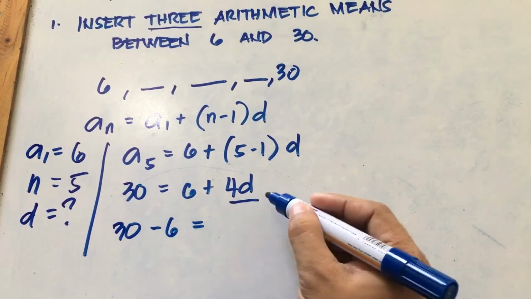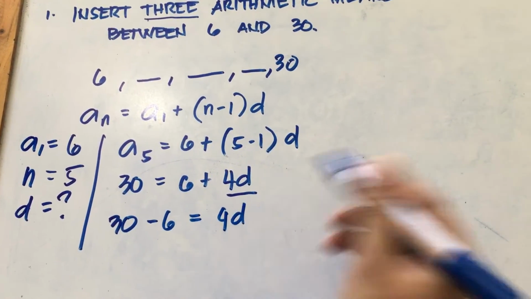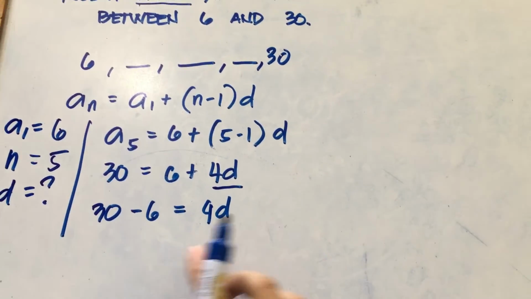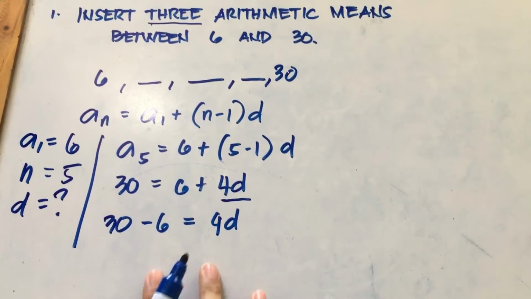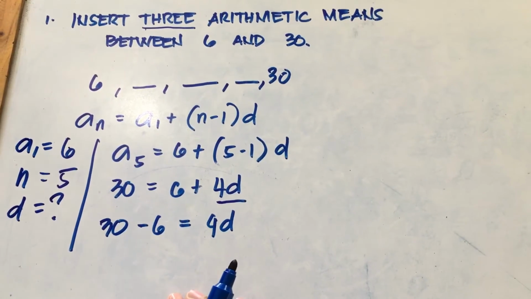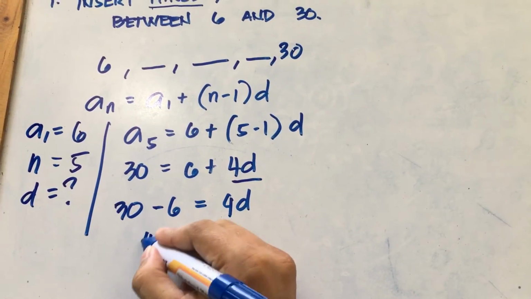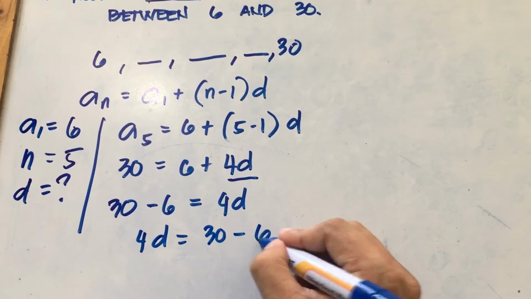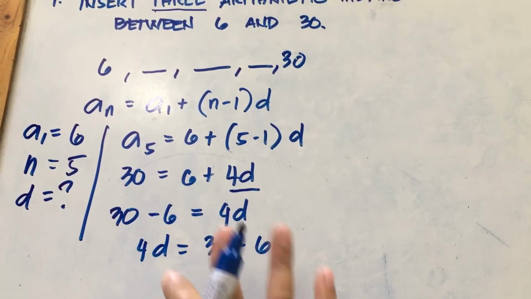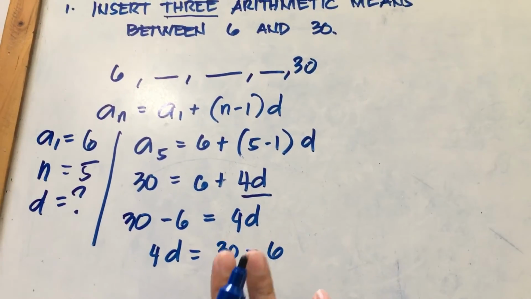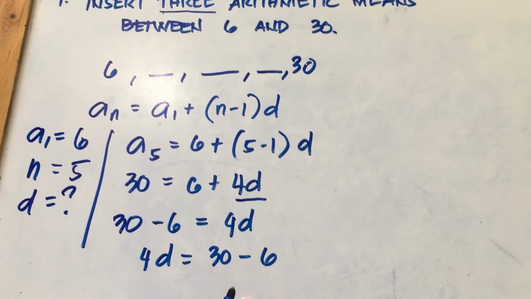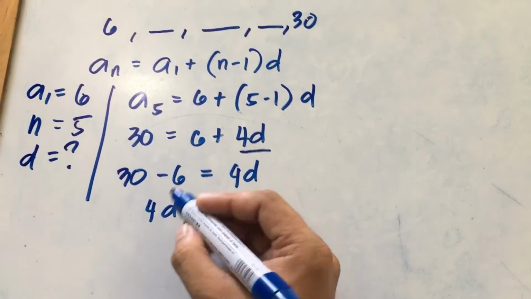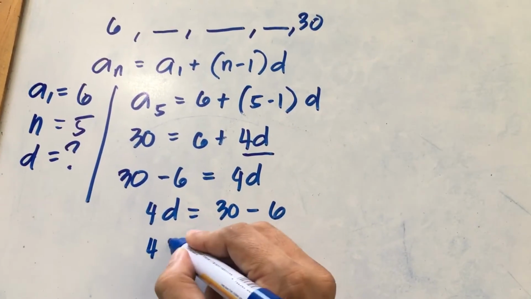Equals, the remaining part is 4d. By another property in mathematics, you can convert this into 4d equals 30 minus 6. That is one of the properties in mathematics. So simplify, copy 4d.